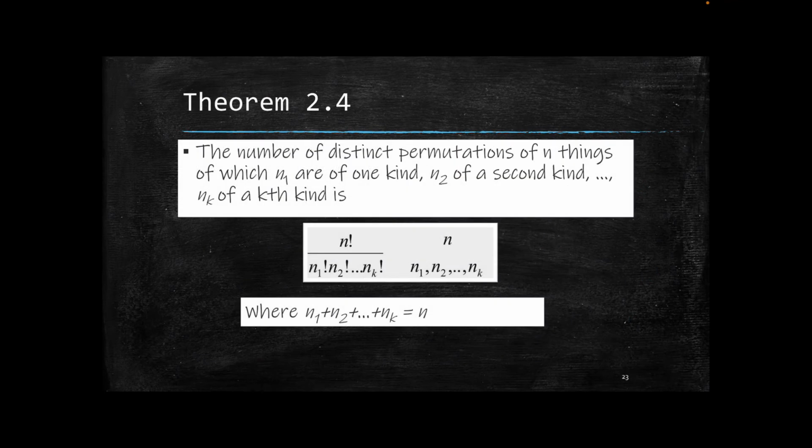Okay, next theorem is theorem 2.4. The number of distinct permutation of n things of which n1 are of one kind, and n2 of a second kind, and so forth, and nk of a kth kind is equals to n factorial divided by n1 factorial times n2 factorial and so forth.